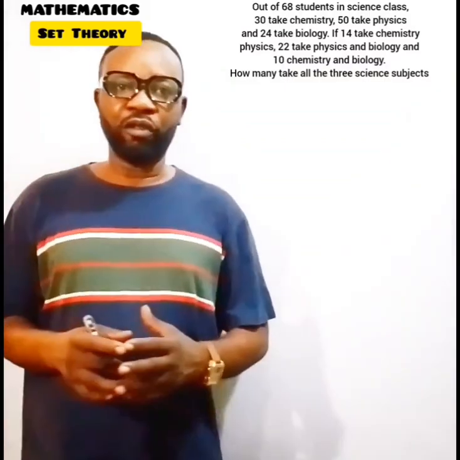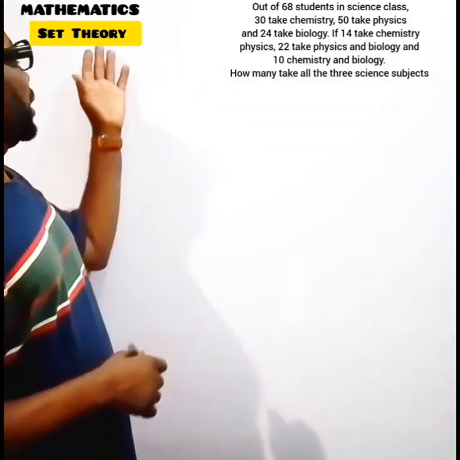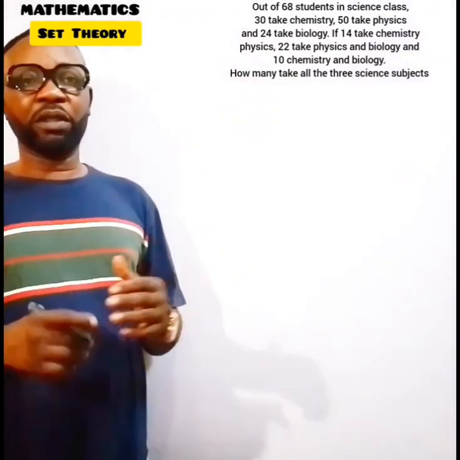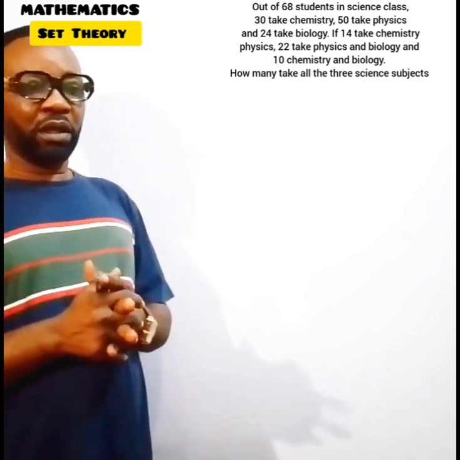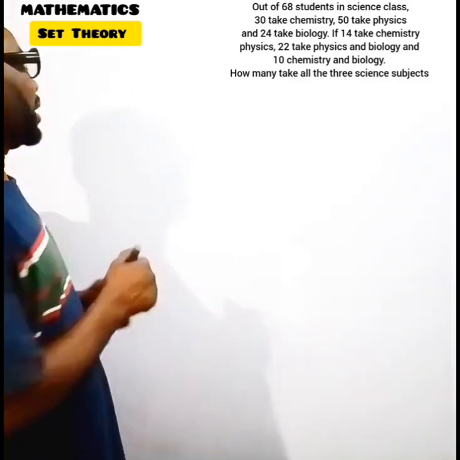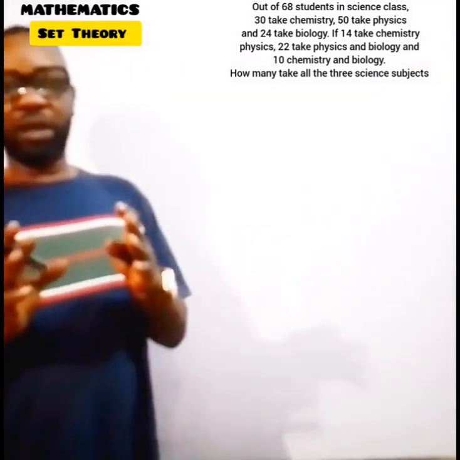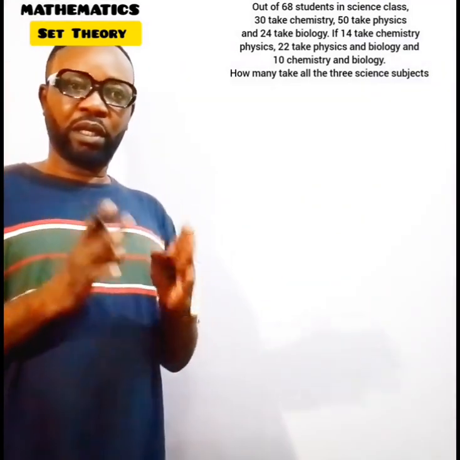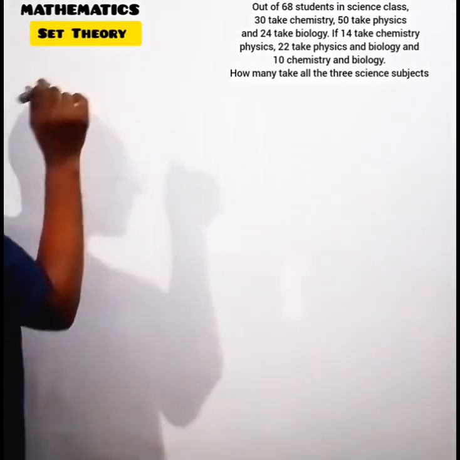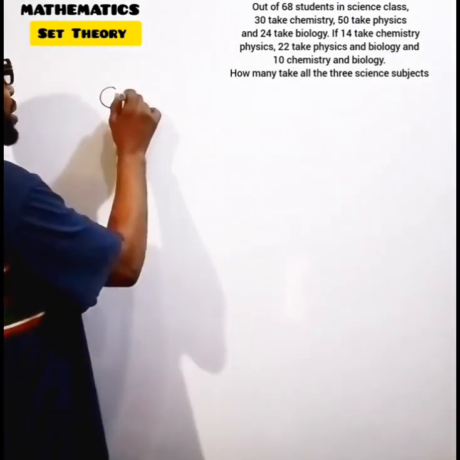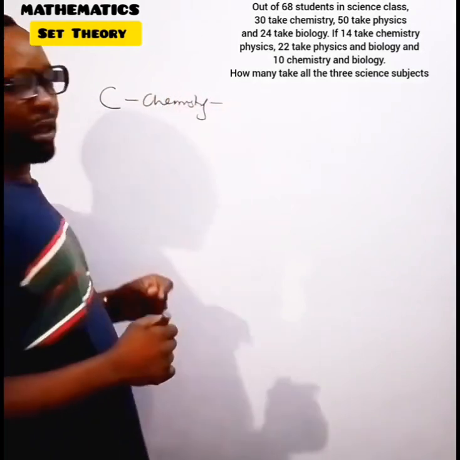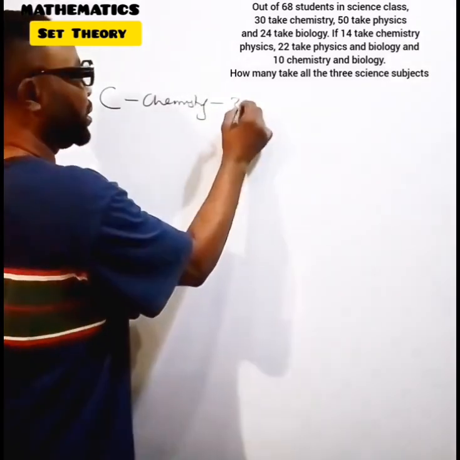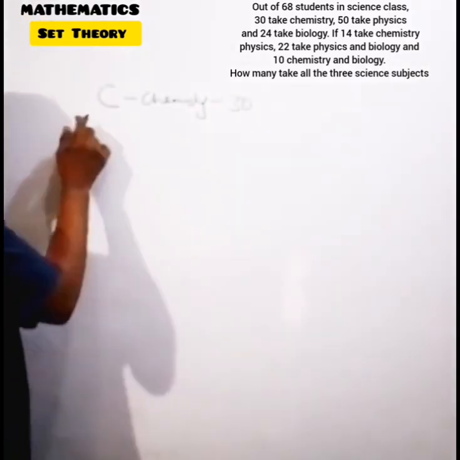This question says that in a class of 68 science students in a school, 30 take chemistry. Now, let me represent chemistry by C. C represents chemistry, and the number of students that take chemistry is 30.